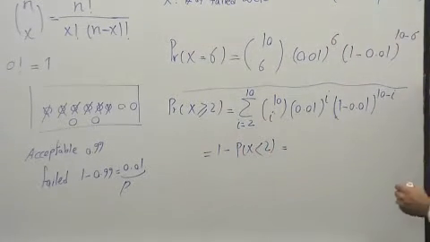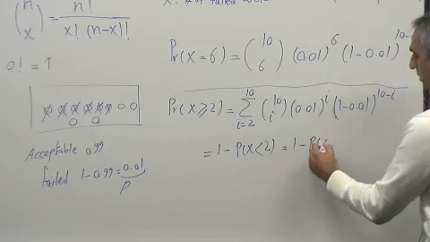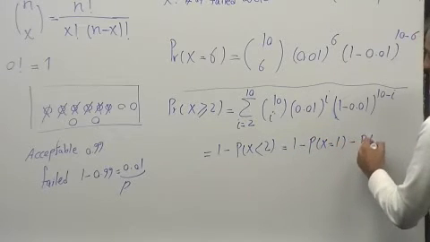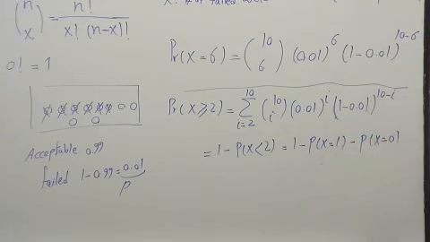And we are talking about discrete, so it's 1 minus the probability of x equal to 0 minus the probability of x equal to 1. That's it. They should have the same result.